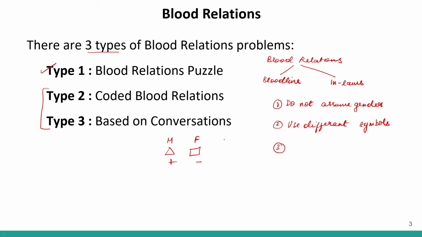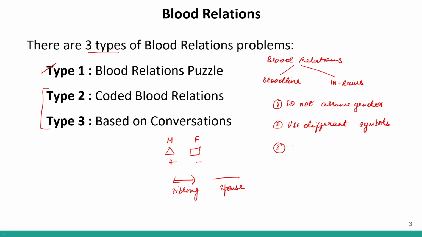Within the same generation, I use a double-headed arrow to denote a sibling bond and a simple line to denote a spouse bond. So this is what I use. But some people show sibling by single line, spouse by double line, or vice versa. So whatever works for you, you can make your own symbols that you will remember, or you can use mine, or you can use any other symbol that you prefer.